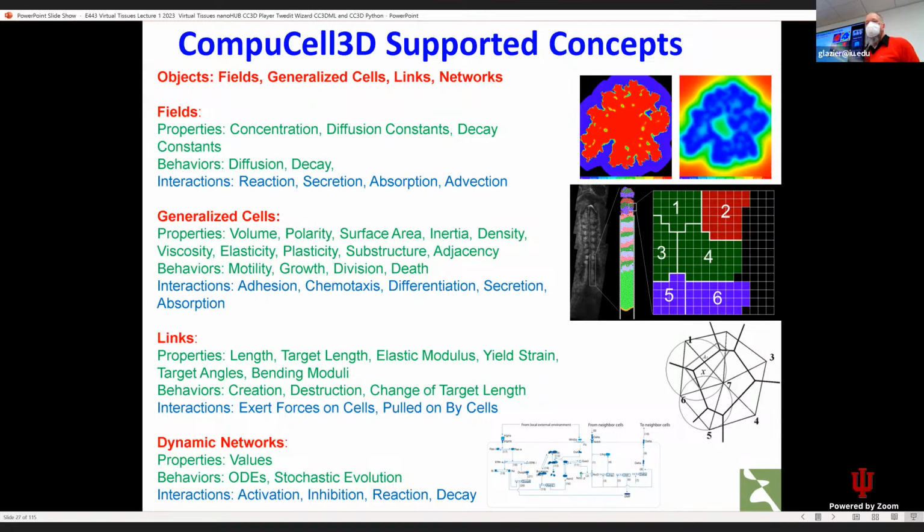And those have concepts like volume, polarity, surface area, viscosity, growth, division, death. And they can interact with chemical fields. Cells can move up and down gradients of chemicals. They can absorb and secrete chemicals. It turns out that the fundamental concept of cells in CompuCell is soft.